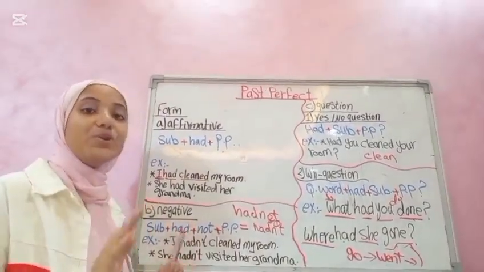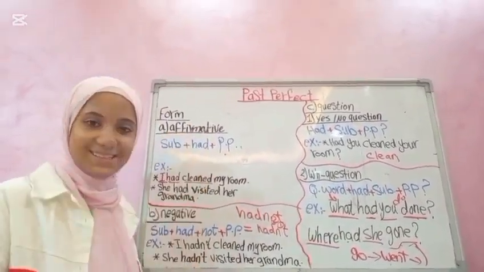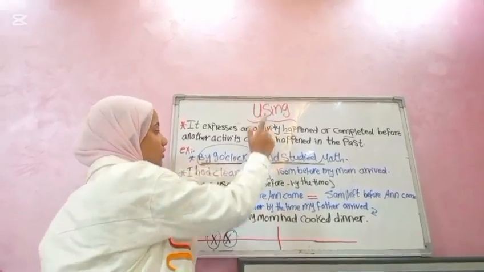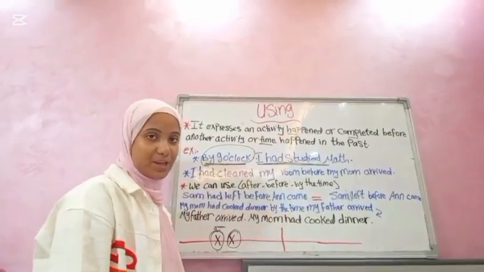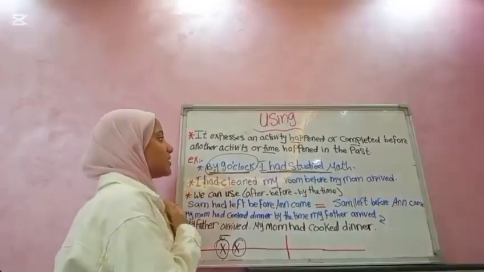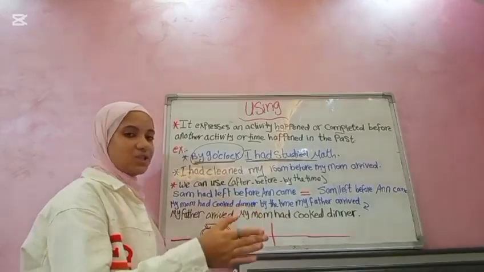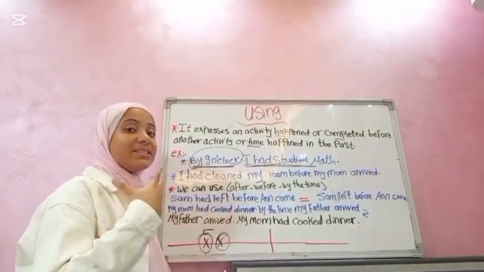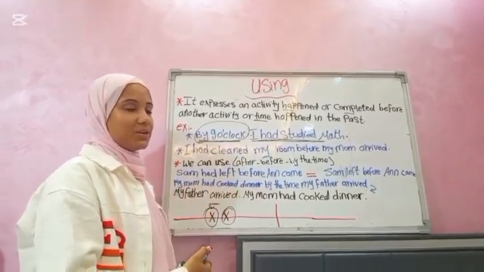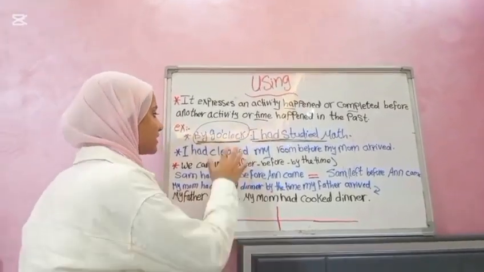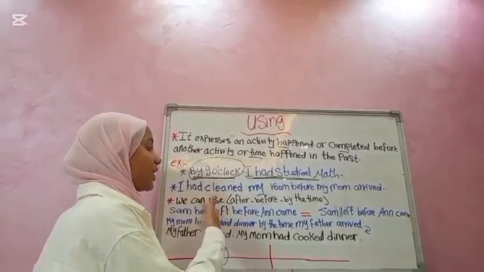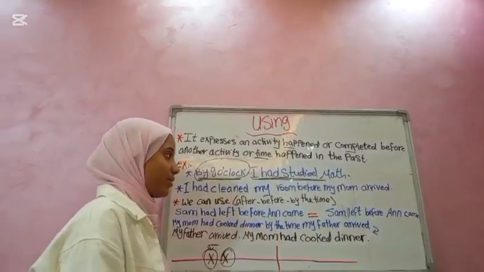Let's move to the uses of the past perfect tense. The important point in our lesson today is the use of the past perfect tense. Let's start. The past perfect tense expresses an activity that happened or was completed before another activity or time in the past. Let's read this sentence. By 9 o'clock, I had studied math.